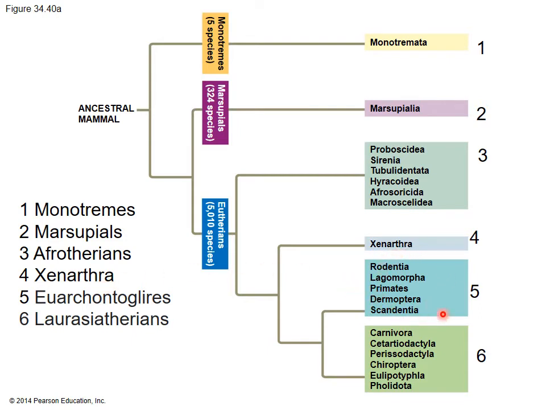This group here, so this is a fairly challenging word, the Euarchontogliers. And really what that means is go back to the idea of Pangea, and Pangea separated, right? And when it separated, those land masses became the prototypes for subsequent land masses that got names such as Australia and Europe and Asia and so forth.